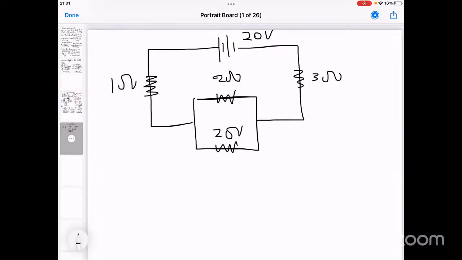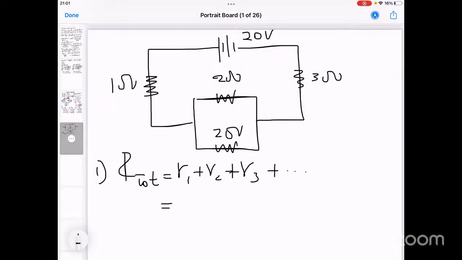What are we therefore going to do? Obviously, the first calculation is to calculate R total. Most importantly, you start with the formula which says R total equals R1 plus R2 plus R3, plus other resistors which may be connected. So definitely we have that 1 ohm that we need to add.